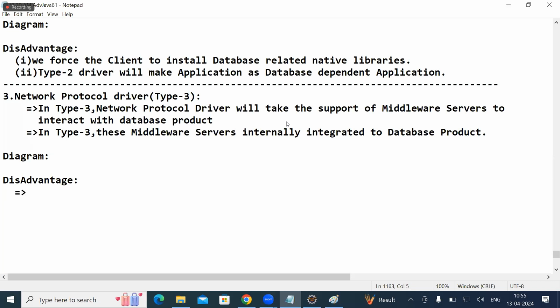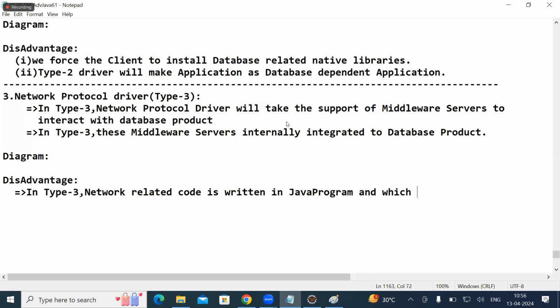Disadvantage. In type 3, network related code is written in the Java program. When network code is there, network components are involved.